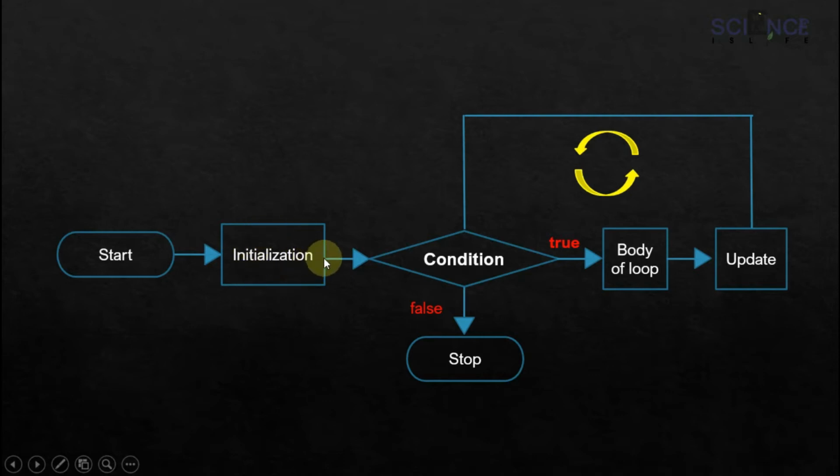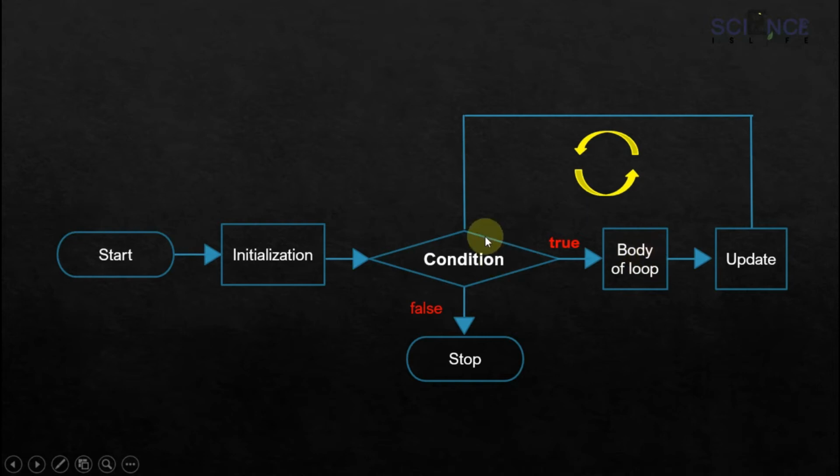Then after the initialization, the compiler will check the condition, whether the condition is true or false. If the condition is false, then the loop does not work, it will stop. If the condition is true, then it will jump into the body of the loop and execute it.